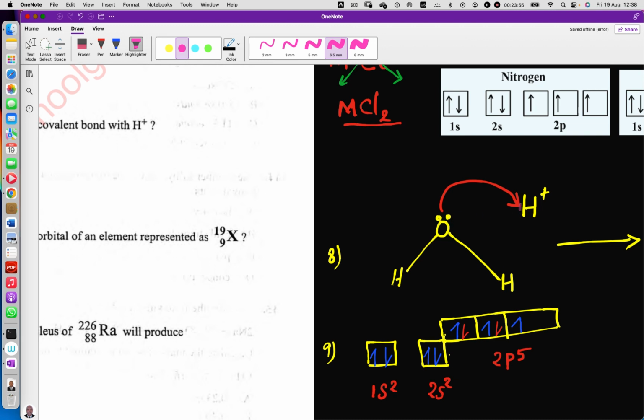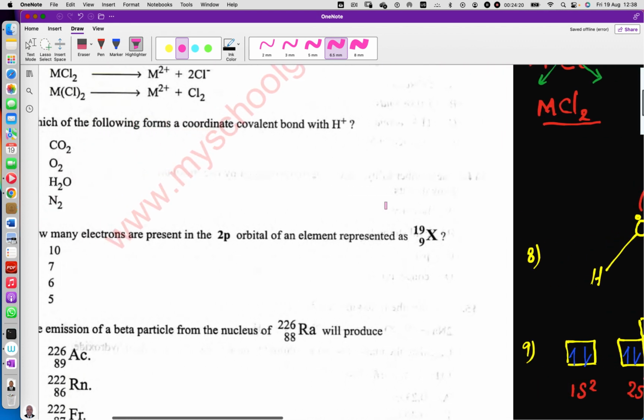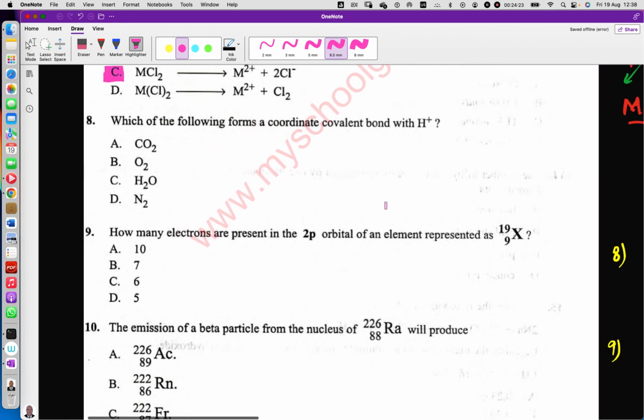But the hydrogen ion has no electron in it, so it will need to bond on this lone pair of electrons, and that will result in this compound here. That's why there is the movement of the lone pair of electrons to the hydrogen ion. So it is water. Our answer for question number 8 is C.